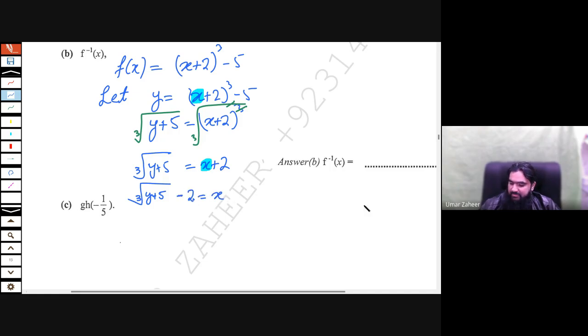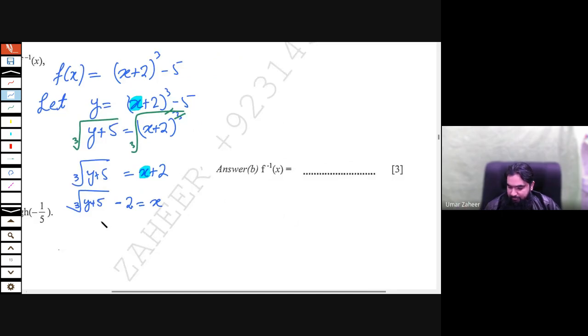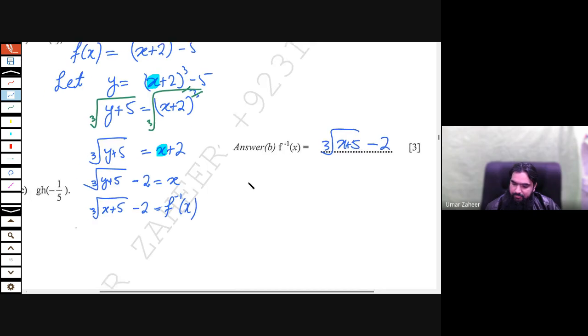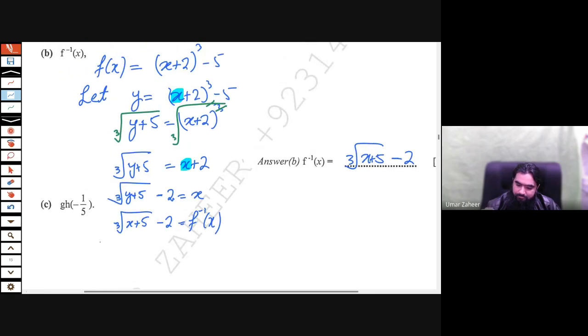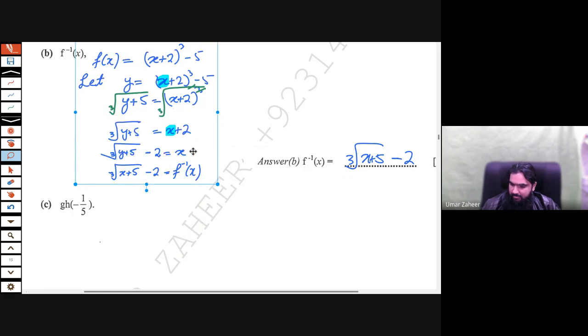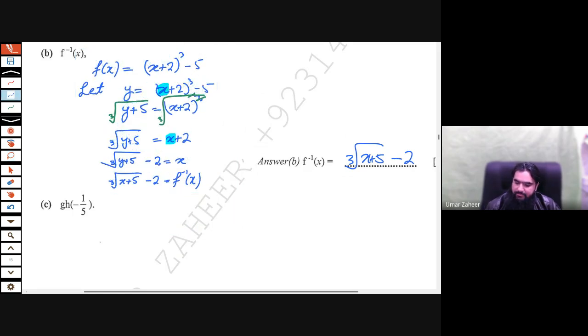Now replace y with x and x with the inverse function f inverse of x. So f inverse of x is the cube root of (x + 5) minus 2. Yes, everyone, is it clear?